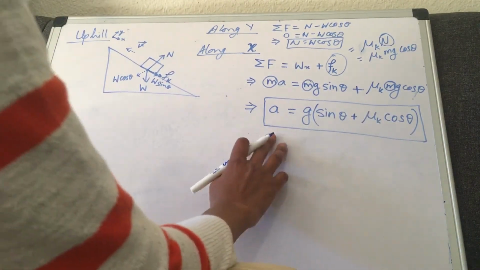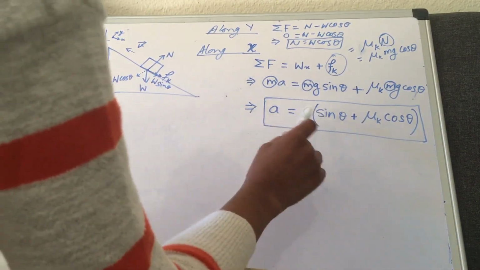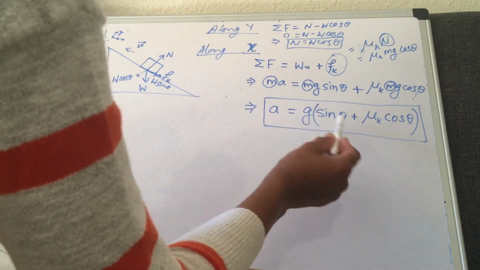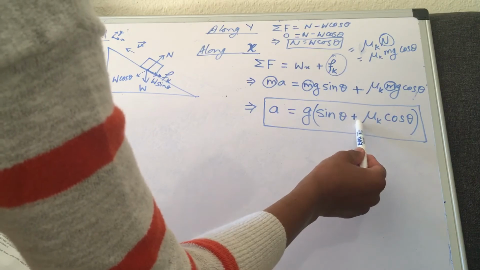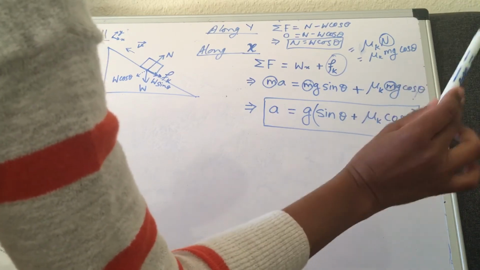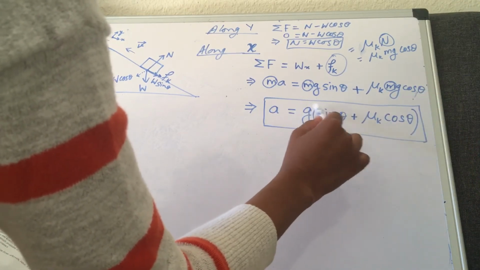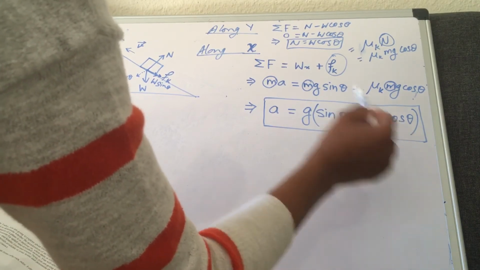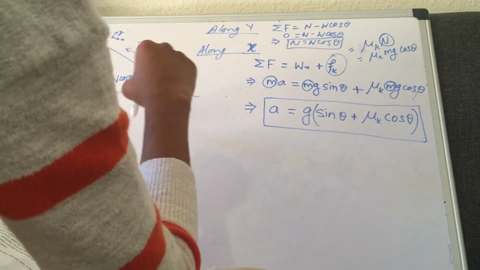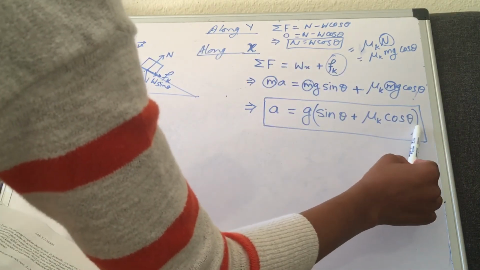Now you see for uphill motion, acceleration is bigger. Why? Earlier we had a negative sign here. Let's say you are given a 30-degree angle, the value of g is constant, sine 30 minus this mu k, which is also constant for the given surfaces in contact, and then cos 30 degrees.